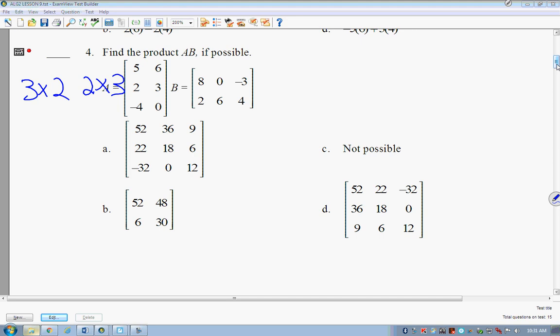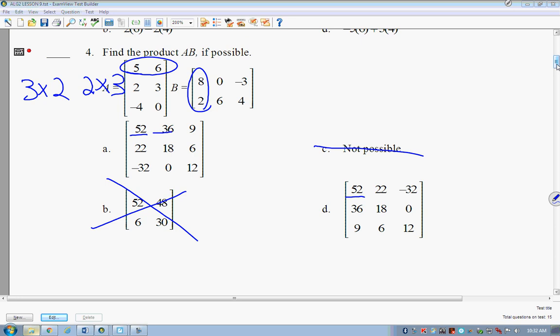We know that it's possible, but we also know that it's not B. So let's look at this position, first row, first column. The first row is 5 and 6, times 8 and 2. So that's 5 times 8 plus 6 times 2, and we know that we're going to get 52 because 52 is the only answer there.